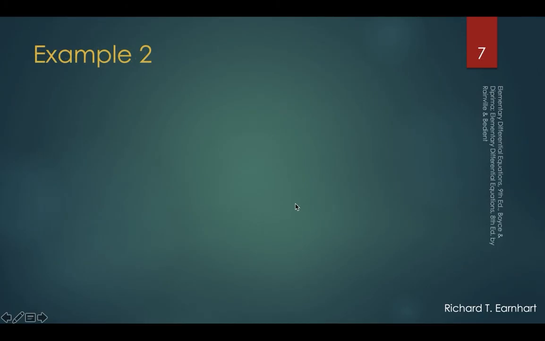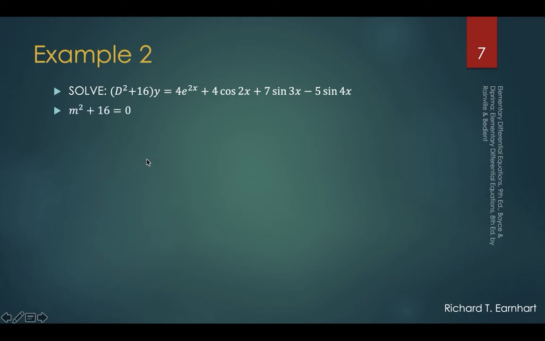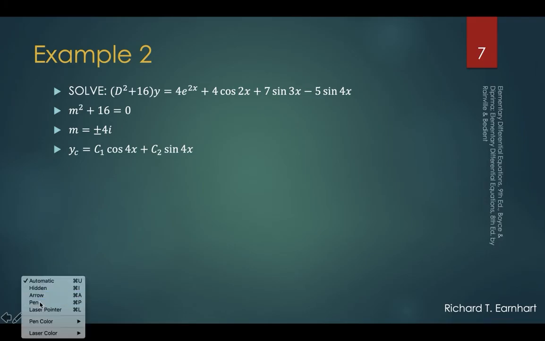So let's work on this problem, differential equation. What is our complementary solution? This is your auxiliary equation, m squared plus 16, and then the roots are plus minus 4i.